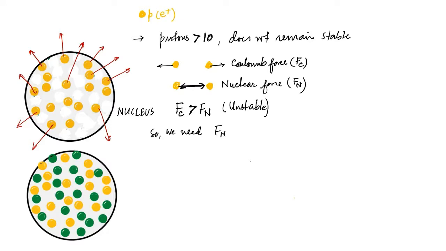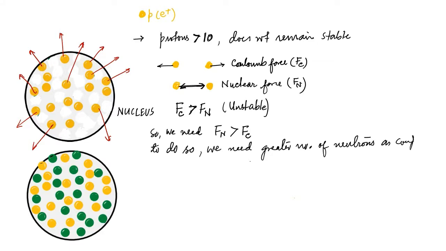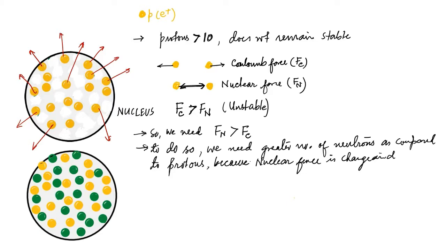We need the nuclear force to be greater than the Coulomb force, and to do so we need a greater number of neutrons as compared to protons, because the nuclear force is charge independent and attractive in nature.